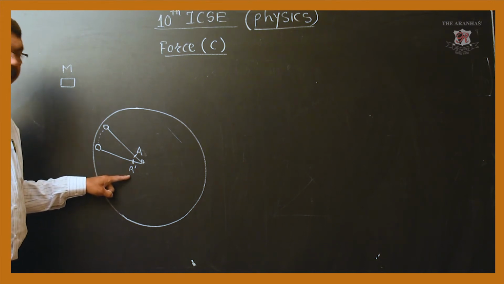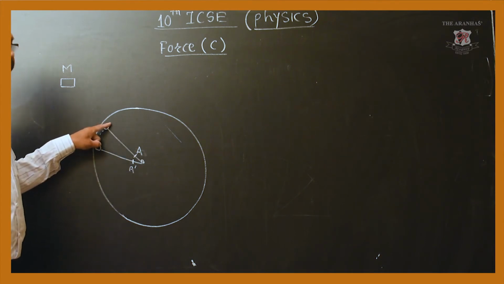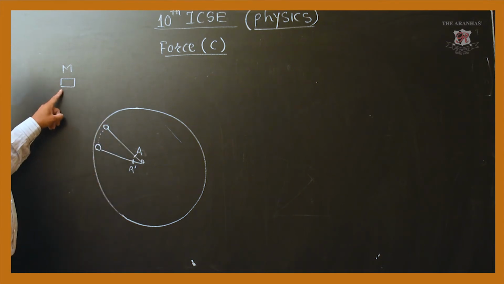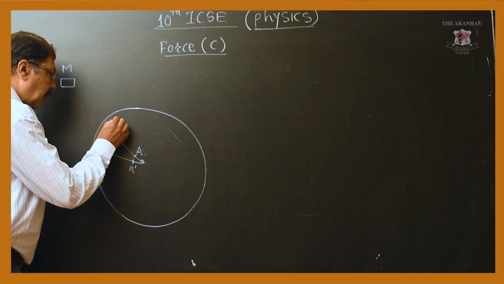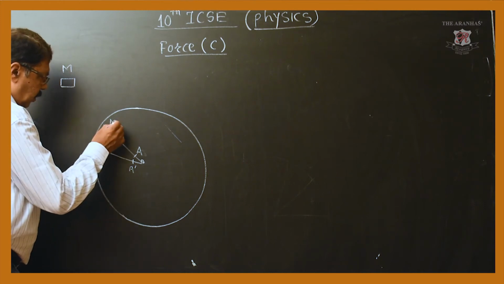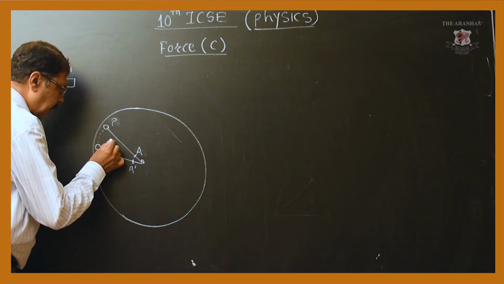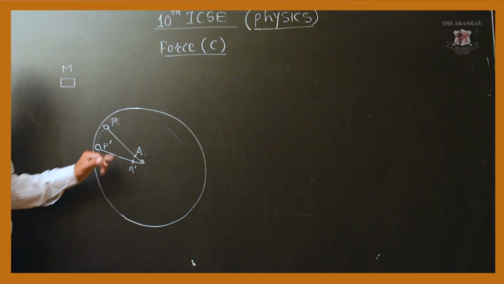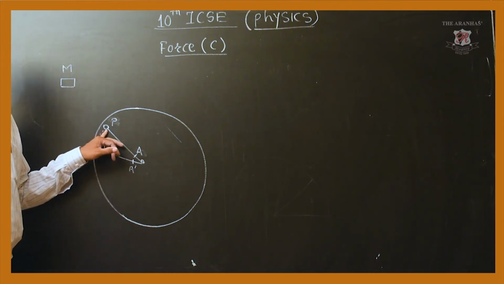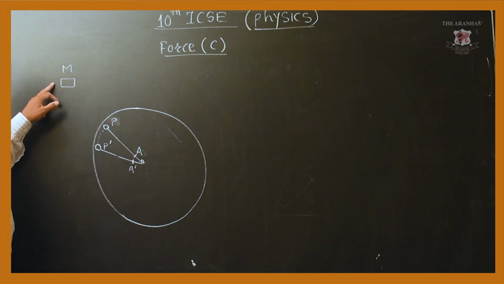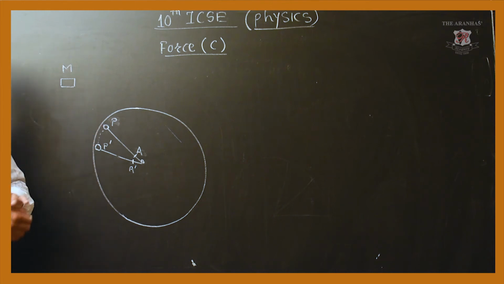Where does he see the particle? In front of him. Where was he seeing the particle before? In front of him. What about this person? He sees the particle moving from, I am calling this now as M, okay, I will call P, and this is position P dash. For the person standing on the table, the position of this particle is not changing. Whereas for the person outside the table, the position of the particle changes from P to P dash.